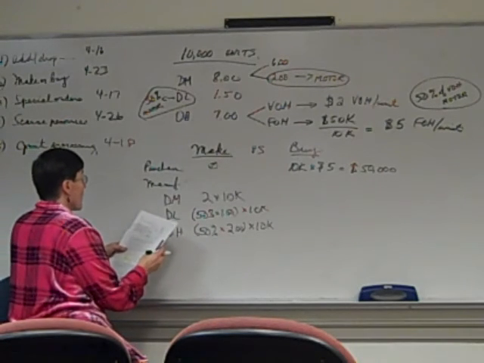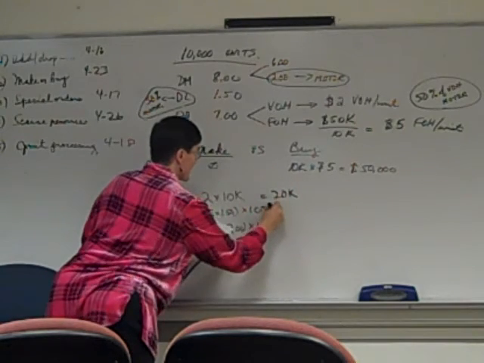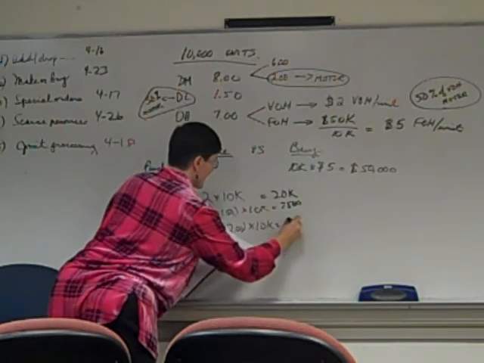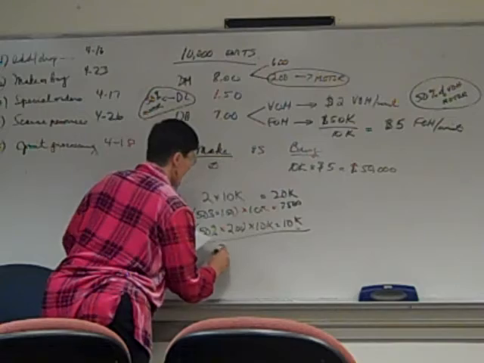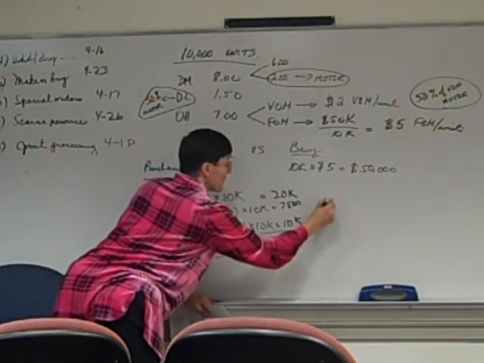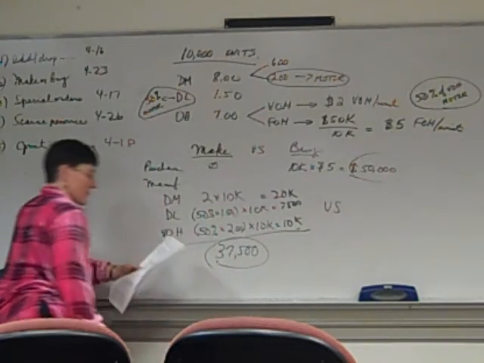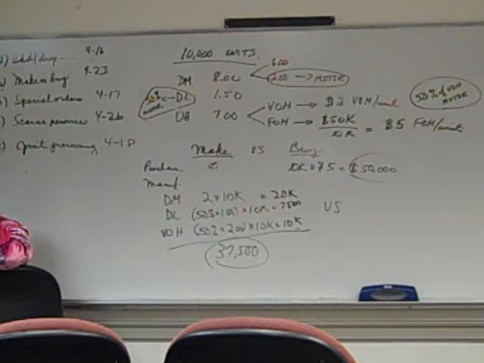So the relevant costs are 20,000, 7,500, 10,000. Okay. So our costs to make are 37,500. Our costs to buy are 50,000. So if we outsource, we're going to lose $12,500.